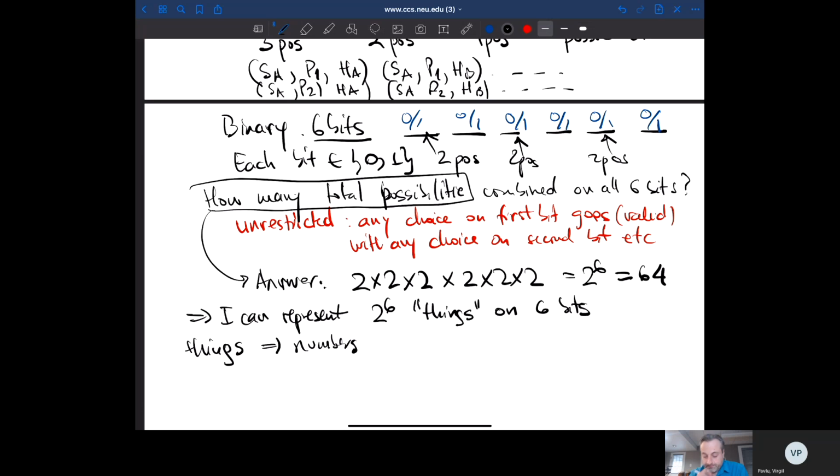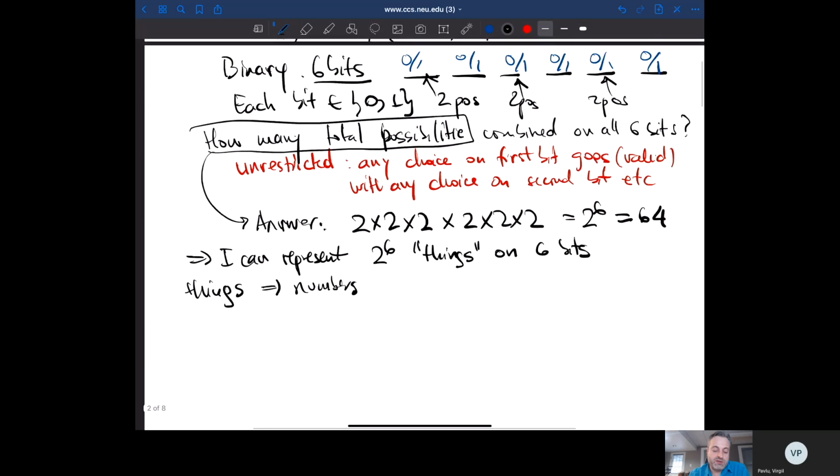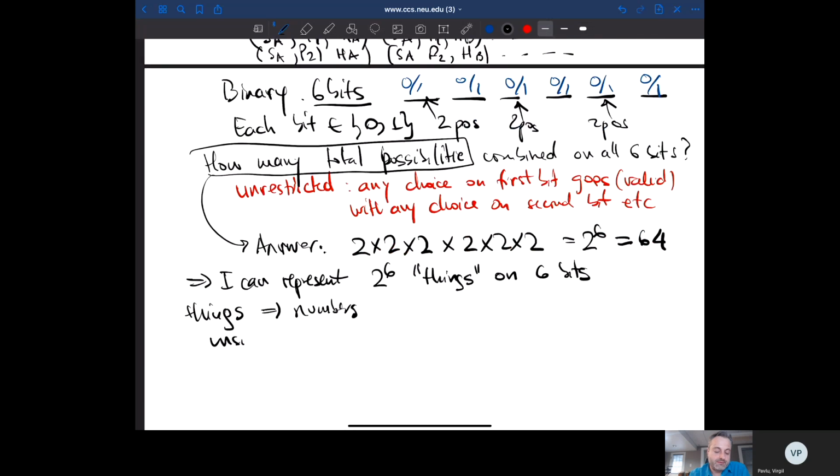So now, if we do this unsigned, we remember we have 64 choices, or let's not call them choices, let's just say 64 numbers that we can represent. We're going to choose a range. This is a very important concept here. The range is from 0, including 0, to 63.